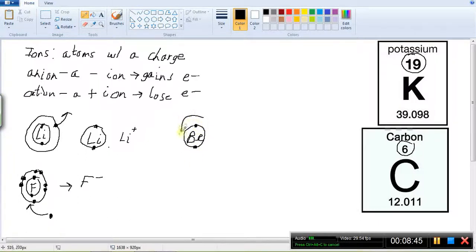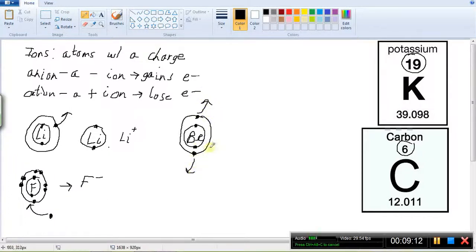So we'll draw the electrically neutral version here. Oop, that's not a very good shell. 1, 2. So now we have 1, 2, 3, 4 electrons. So it's electrically neutral. Now this could either lose 2 electrons to have the full outer shell here with just 2, or it would have to gain 6 to have a full outer shell of 8. So it's much easier to lose those 2.